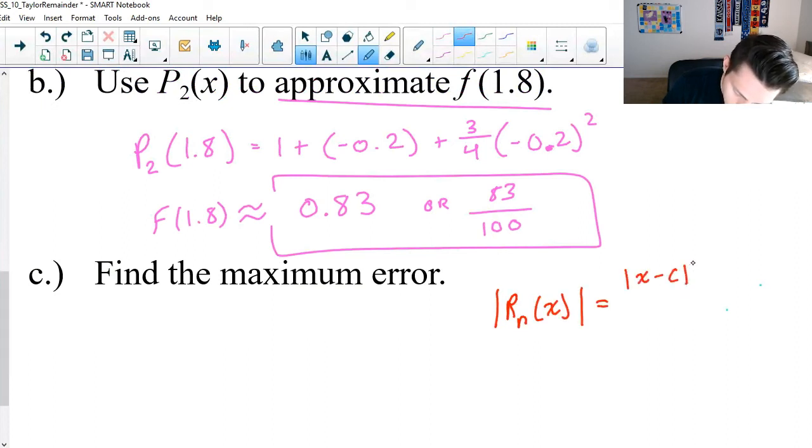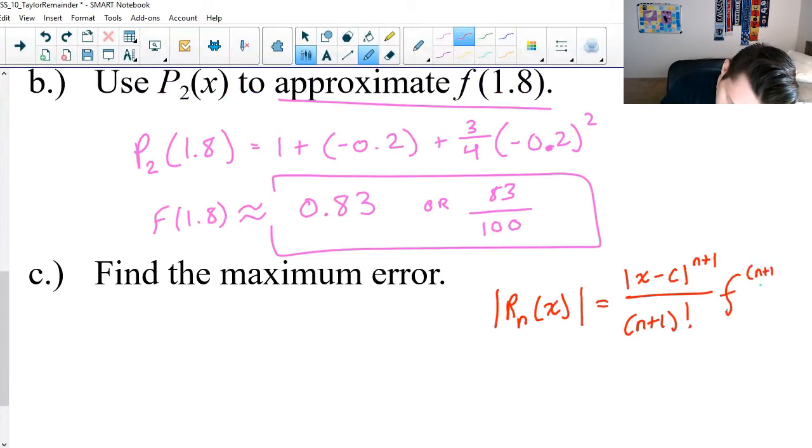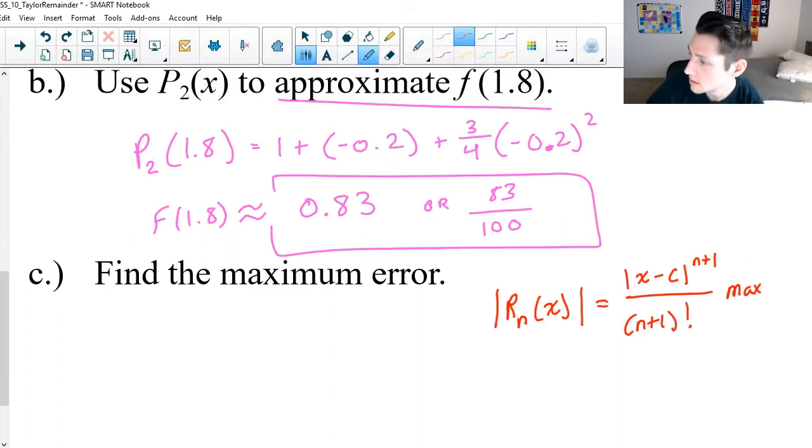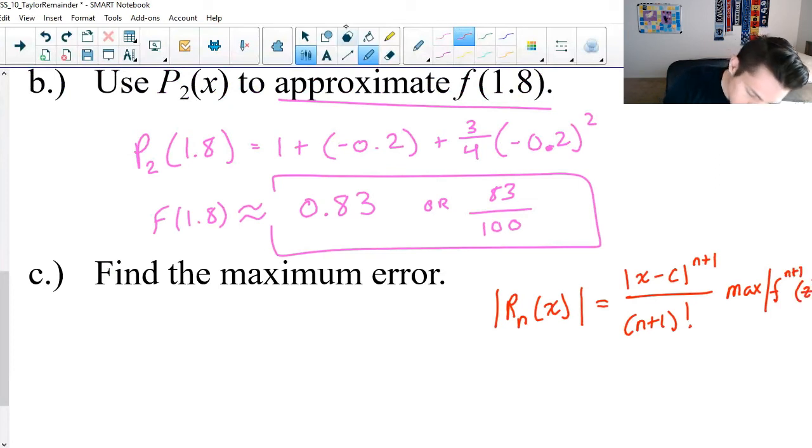Assuming I can remember it, let's see, n plus 1 over n plus 1 factorial times f, max, n plus 1 of z.